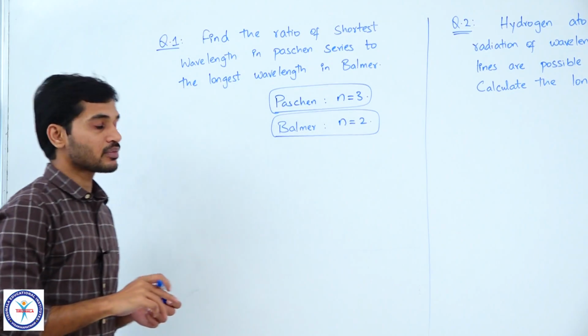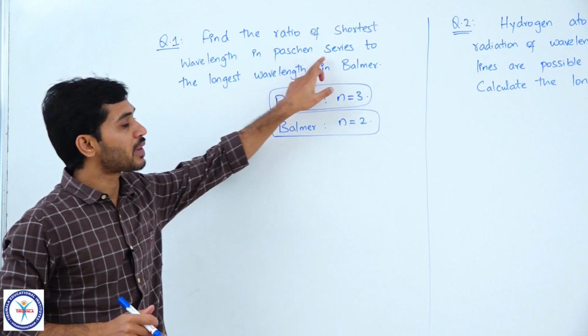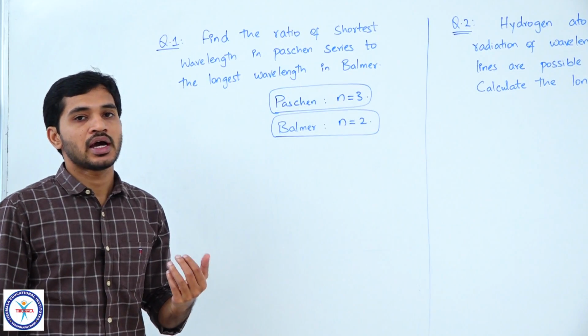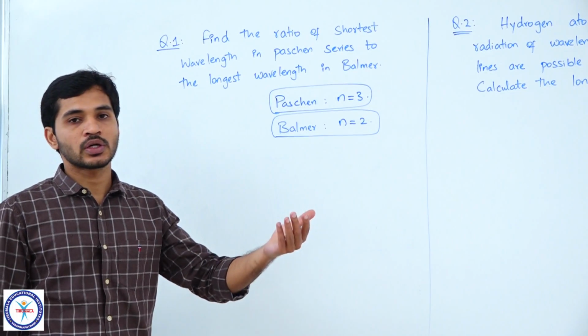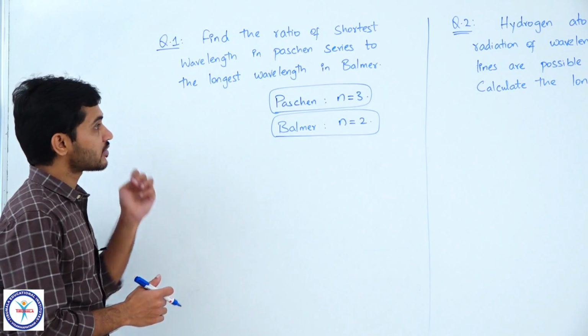Keeping that in mind, they are asking us to find the shortest wavelength in Paschen series. Shortest wavelength corresponds to the maximum energy, and maximum energy means the transition from n is equal to infinity to that particular state. So, let us calculate that first.